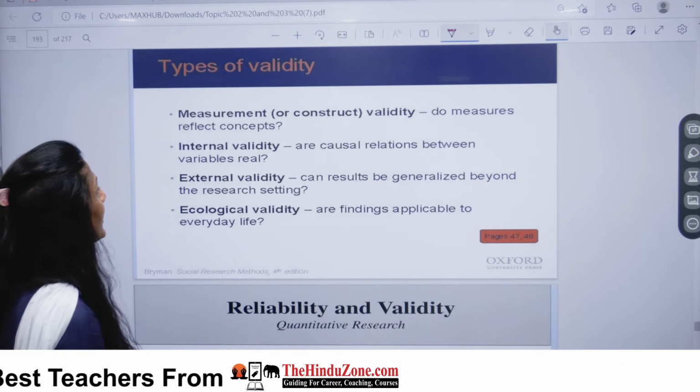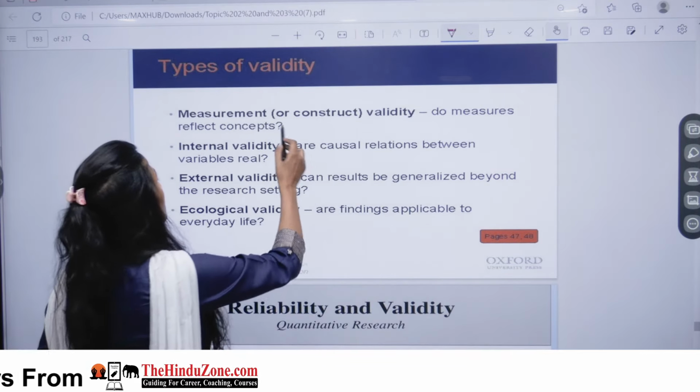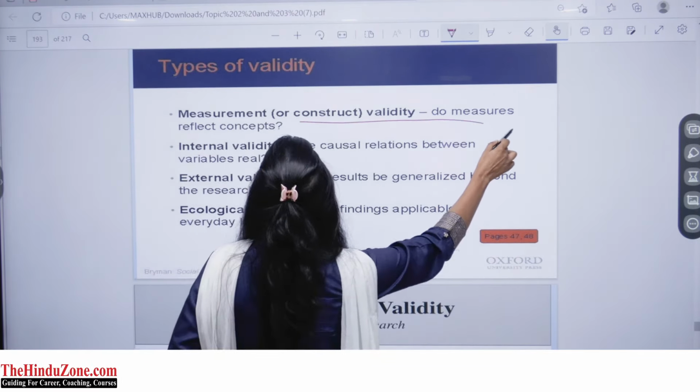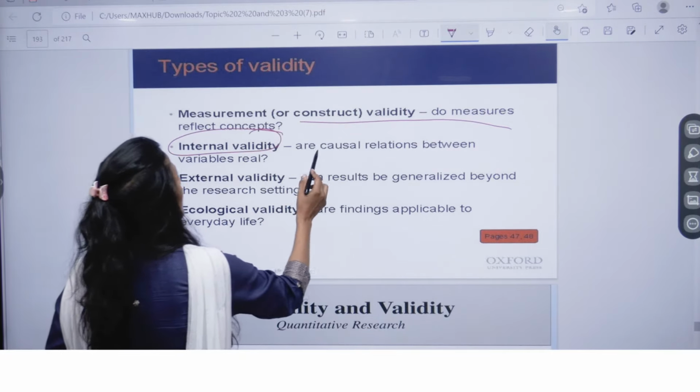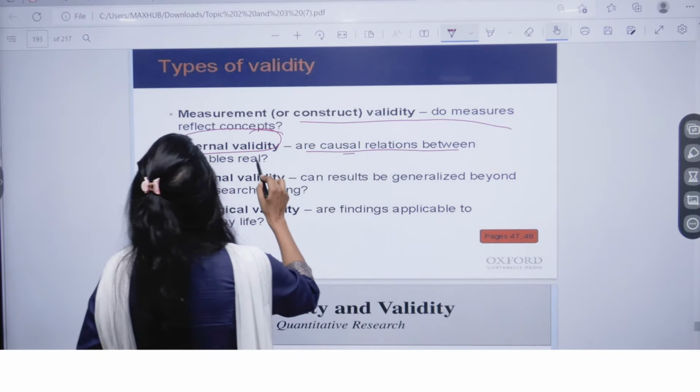So you can say measurement or construct validity reflects our concepts. Internal validity asks: are causal relations between variables real?